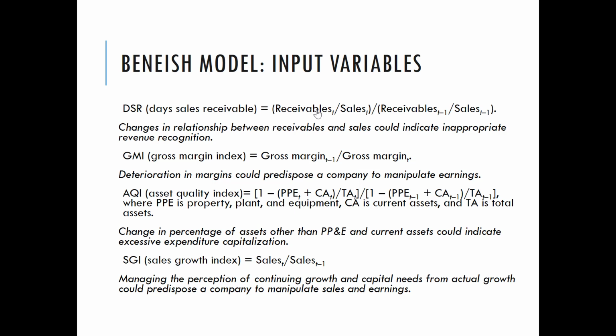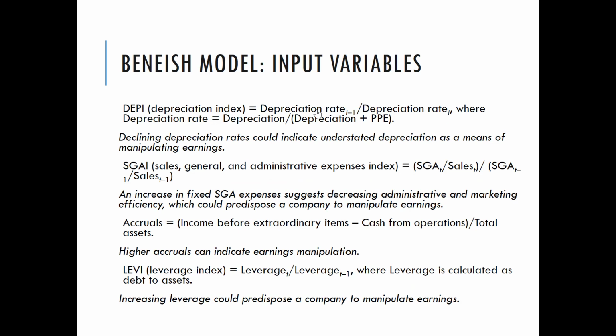So again, individually, they don't mean much. When you combine them together, that's when you start to see a relationship. And again, things like the depreciation index. So if you remember from accounting analysis, we did a red flag around depreciation rates. If there's a huge variability, something's happening. Again, by itself it might not be a big deal, but when you combine it together with other things, it might mean something.